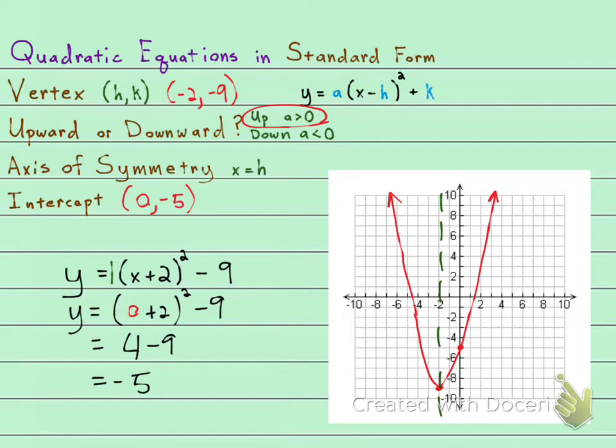So the axis of symmetry is x equals negative 2. Reminding you that that is a vertical line. If you did a t-table on that, no matter what your y is, your x is always negative 2. So negative 2, 0; negative 2, 1; negative 2, 5, and so on, and you'd get that vertical line.